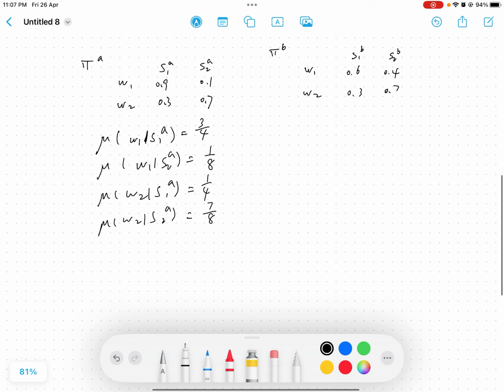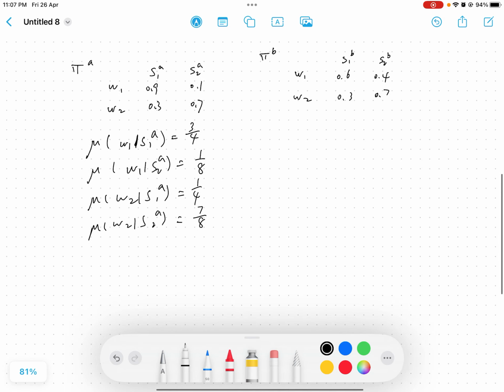Correspondingly, we can calculate the posterior beliefs for the second signal pi b. We skip those steps and I'll just show you the results. Mu omega 1 S1b is 2/3.